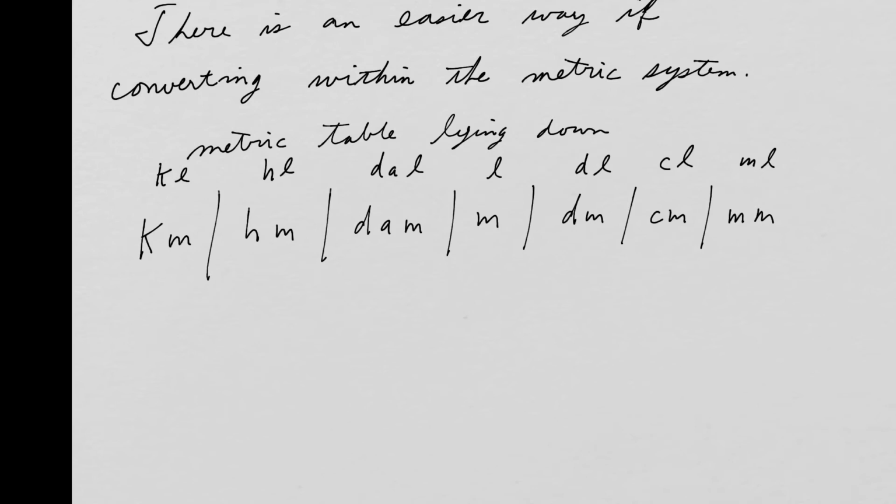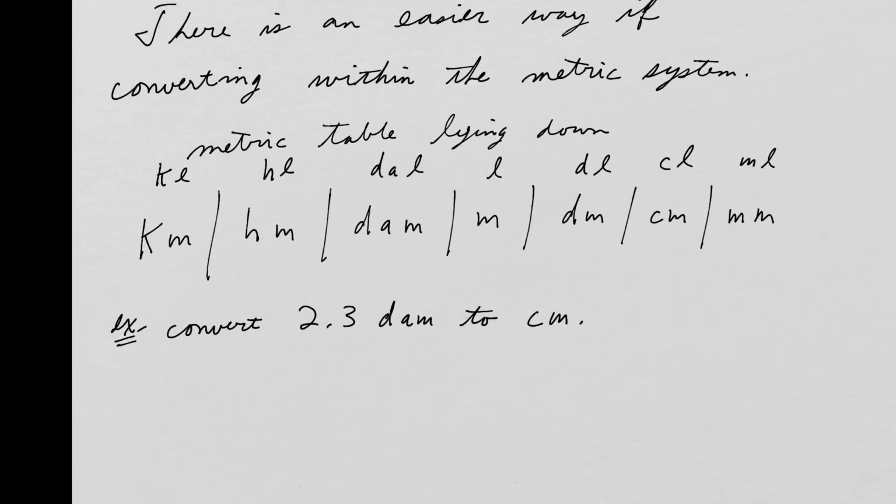Well, let's say I want to convert 2.3 decameters to centimeters. Okay, so if we look at the table, to get from decameter to centimeters, what do I need to do? So I start at decameters. To get to centimeters, I need to move 3 places to the right, right?